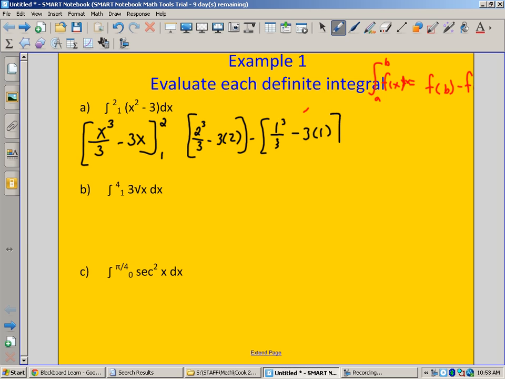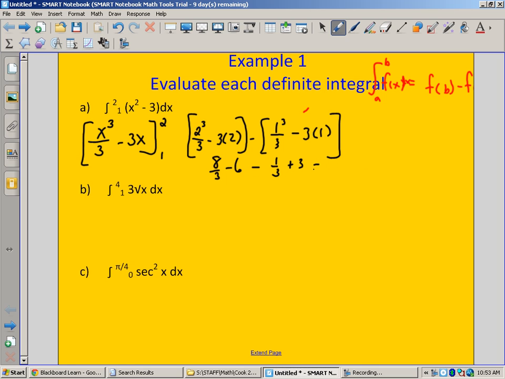Now it's just a number crunch. We have 8/3 minus 6, and we're subtracting away 1/3 and adding on 3. If I was doing this, I'd try not to combine the things inside the parentheses, just make sure I distribute my negative sign to both terms, because -6 and -3 will give me a nice little -3.